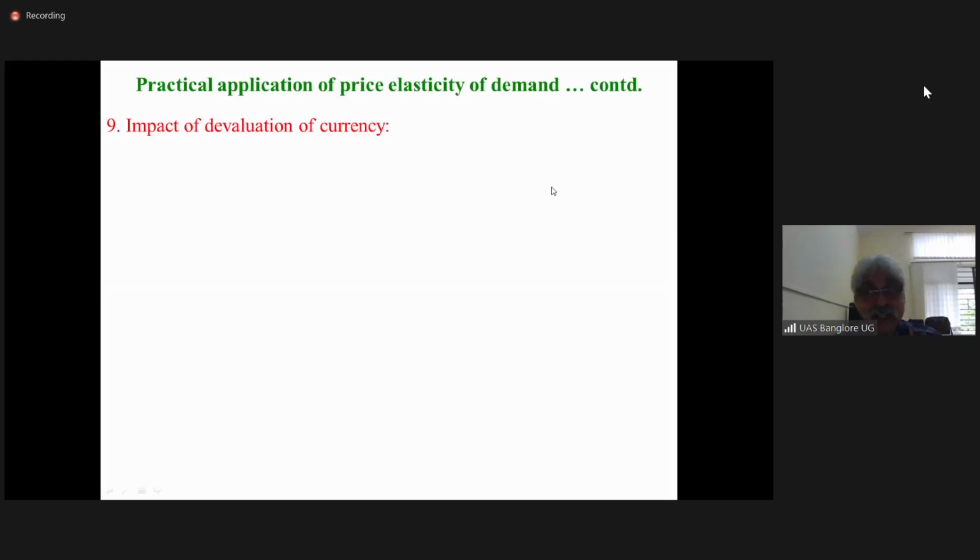Earlier 1 American dollar was equal to 75 rupees and 1 kg of rice was equal to 50 rupees, so he could get 1.5 kgs of rice for $1. But now the Indian rupee has become cheaper. For 1 American dollar, he gets 100 rupees. With 100 rupees, he can purchase 2 kgs of rice. So Indian export of rice to America increases.